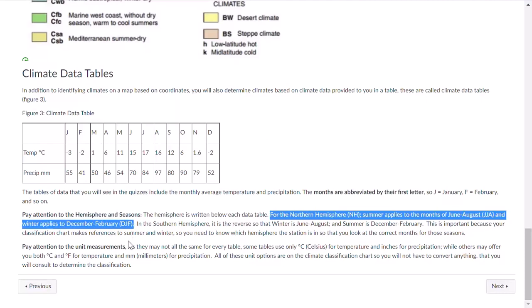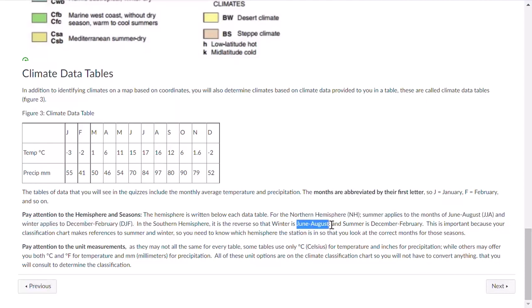We've already learned that this is reversed, so in the southern hemisphere, again, it's reversed. What we experience in the northern hemisphere as our summer, that is what they get as their winter. And again, it's reversed. So their winter is when we experience our summer.